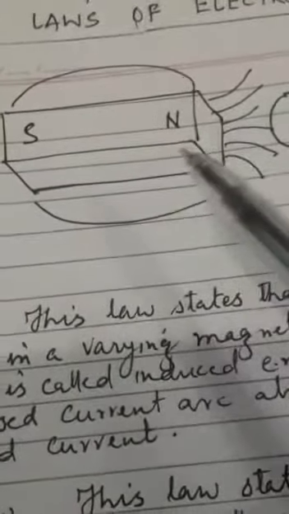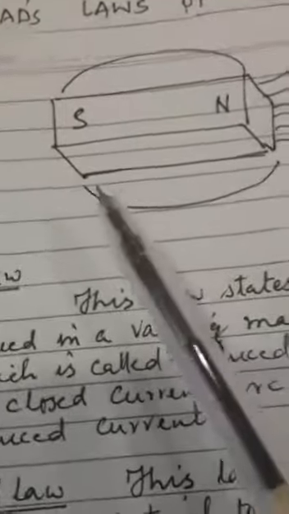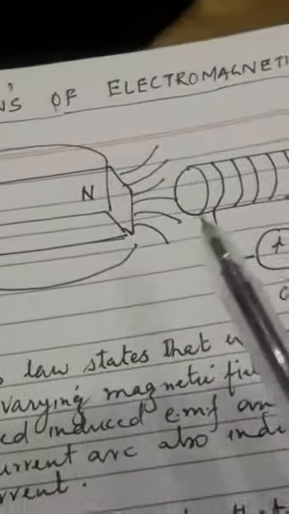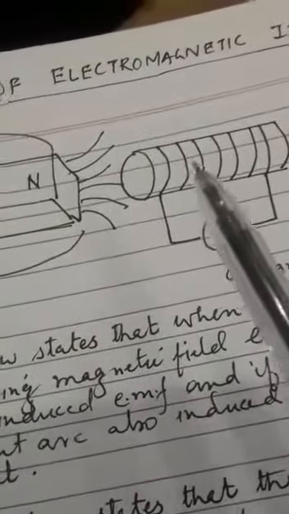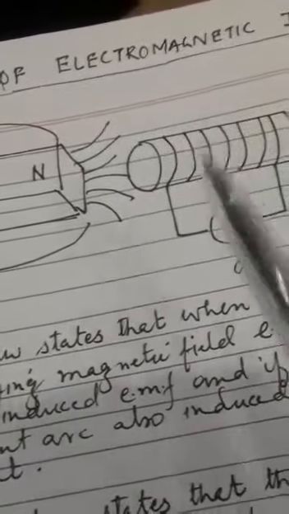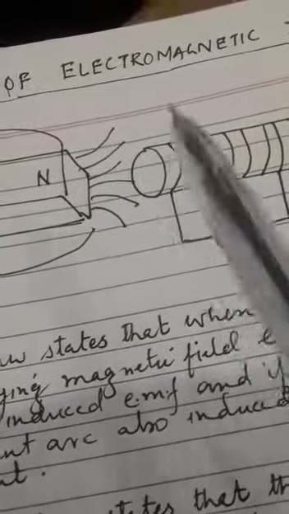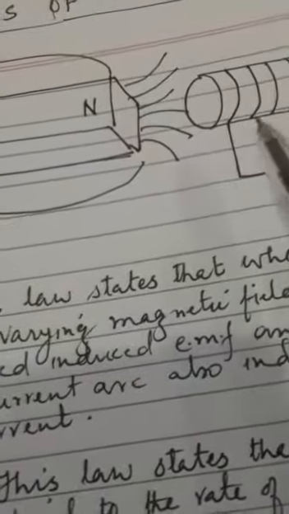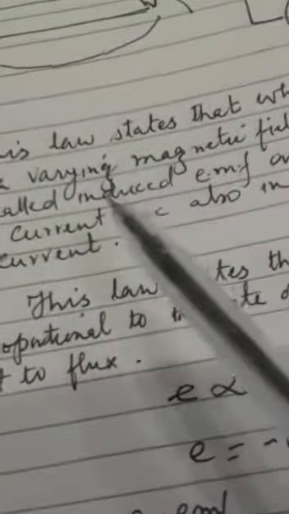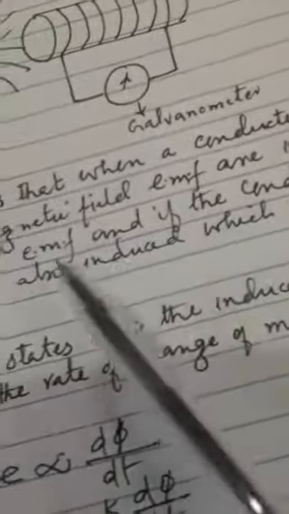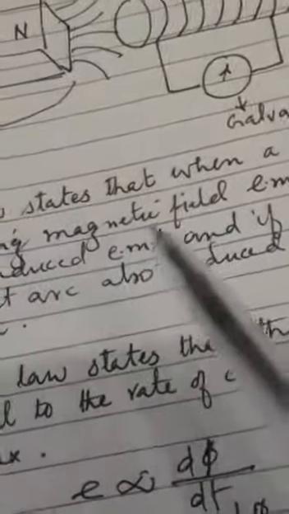Similarly, when we place a magnet near a conductor, conductor simply means that material which allows current to pass through, Faraday says there is a magnetic field.